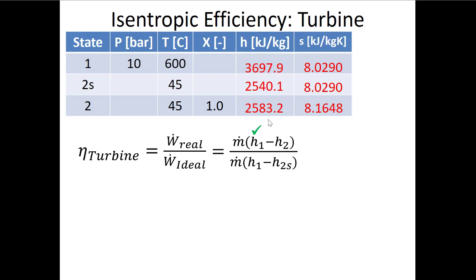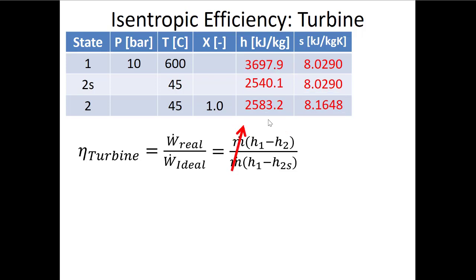Even though I don't know the mass flow rate, I see that it's going to drop out. I know h1, I know h2, and I know h2s. I don't know the mass flow rates, but that's okay because it's the same mass flow rate that would go through the real turbine and the ideal turbine, because we're talking about an ideal turbine that's operating under basically the same conditions as the real turbine. So these mass flow rates just drop out.